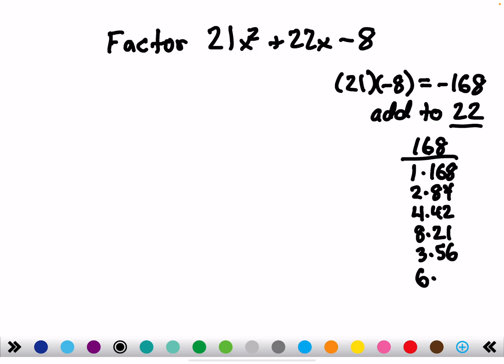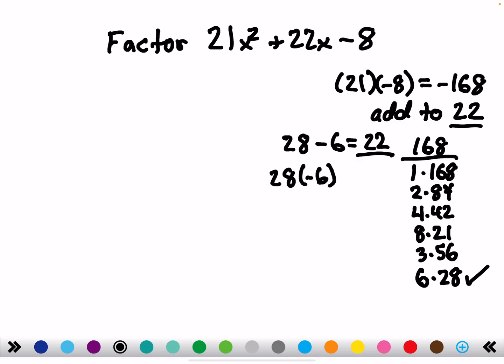How about 6 times 28? Bingo, there it is. So I need positive 22, so 28 would be positive and the 6 will be negative. 28 minus 6 is 22, and 28 times negative 6 multiplies to negative 168. So that checks out.